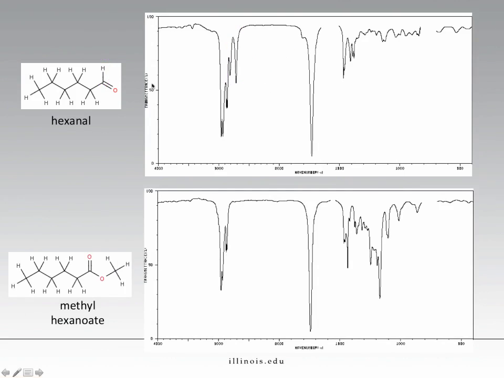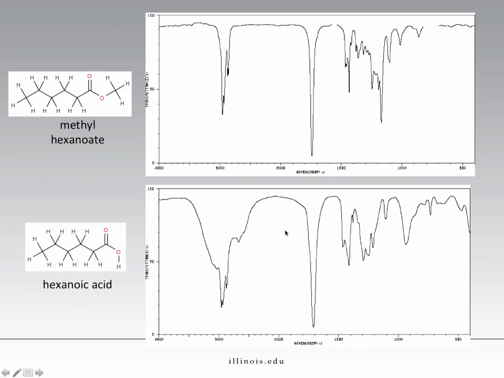Now let's compare the aldehyde to an ester. We again see two stretches in the carbonyl region that are very similar. You would not be able to tell which of these was the aldehyde or which of these was the ester based solely on the carbonyl stretch. Now let's compare the ester to the acid. As you can see, the acid has two bonds that contain oxygen, a carbonyl and the OH.